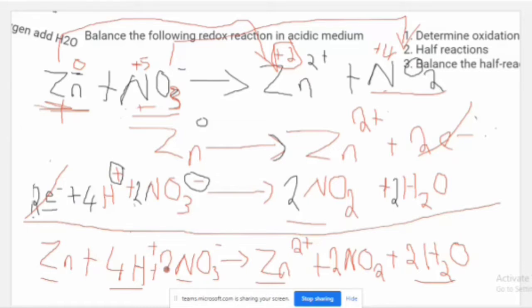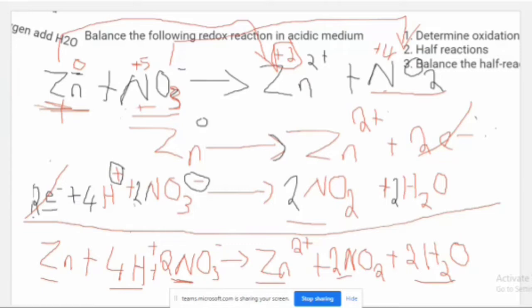Then these 2 here. So 2 nitrogen atoms, 2 nitrogen atoms. Then we have 2 times 3, 6 oxygen atoms. Then 2 times 2 here, 4 oxygen atoms plus 2 gives you 6 oxygen atoms. So the number of atoms are balanced. This equation is balanced in terms of atoms.